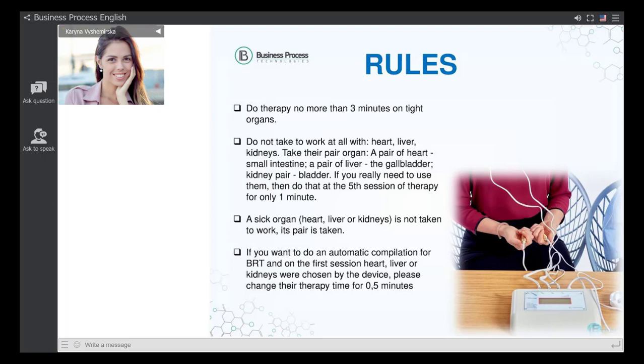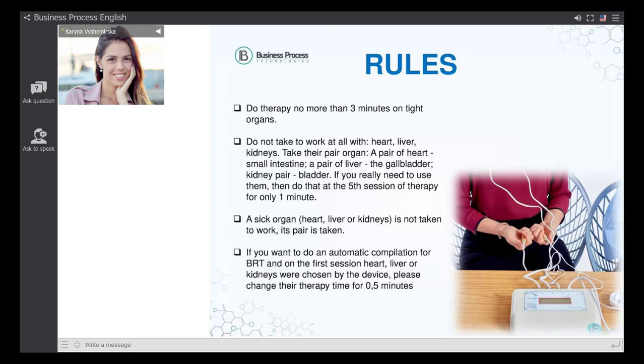Our stomach, for example, might also be a tight organ. You can read about it on the internet, but we can work no more than 3 minutes on tight organs because we have meridians of different organs. If you have any questions about it, you can look on the internet.